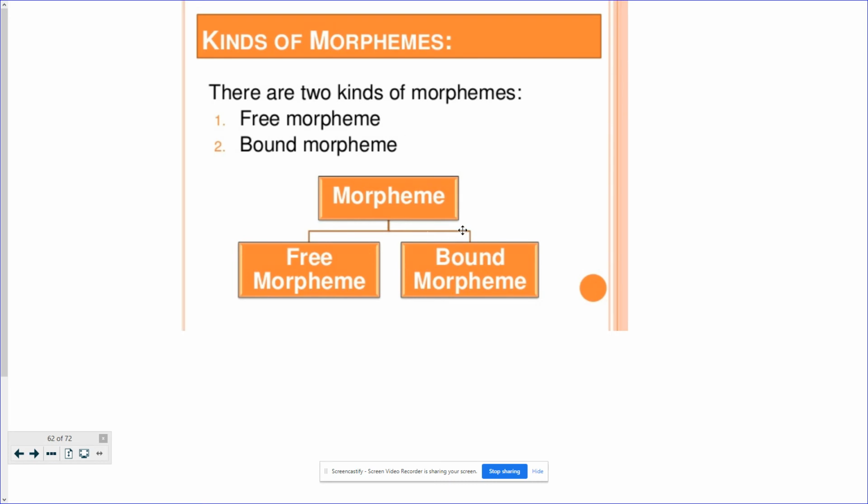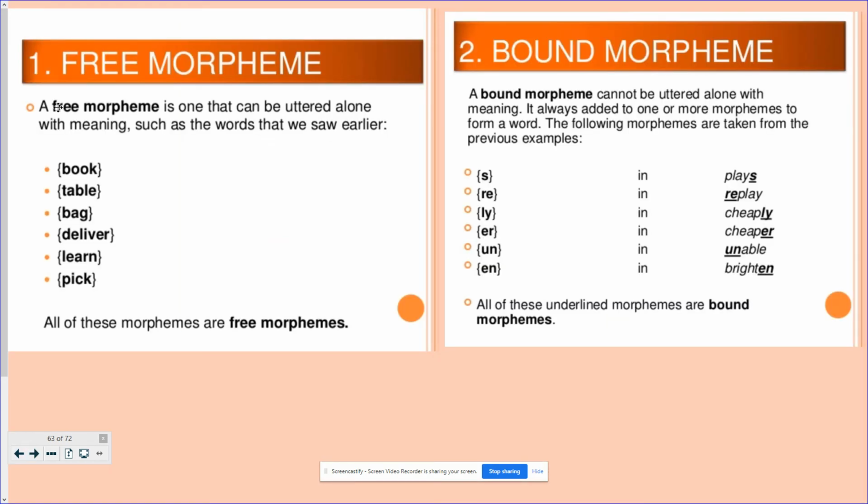And just to make it a little bit more confusing here, they have free morphemes and bound morphemes, and I'll explain that in a second. So a free morpheme just stands by itself, like book, table, bag, deliver. You can't break it up any smaller. That's a free morpheme. It just stands by itself. But once you start adding those, you've got a bound morpheme, which means they are two together.